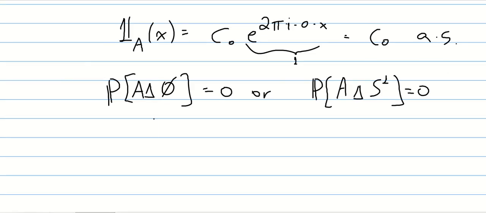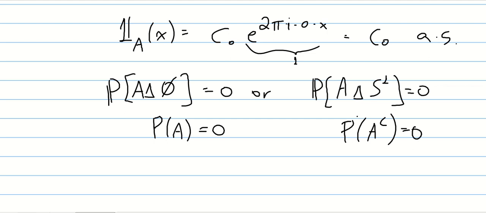In this case the probability of A is 0. In this case the probability of A complement is 0. Because the symmetric difference with the empty set is just the set itself. The symmetric difference with the whole space is the complement. So in any case, P of A belongs to {0, 1}.